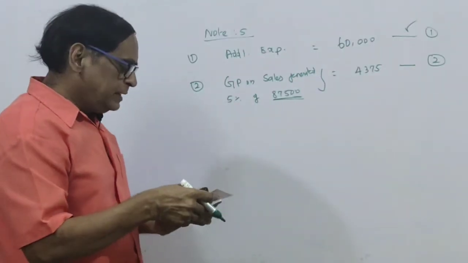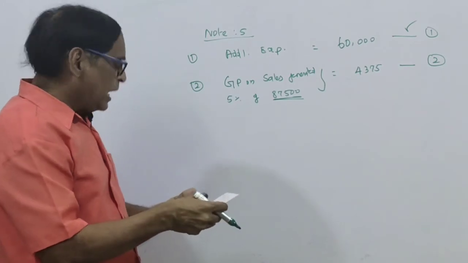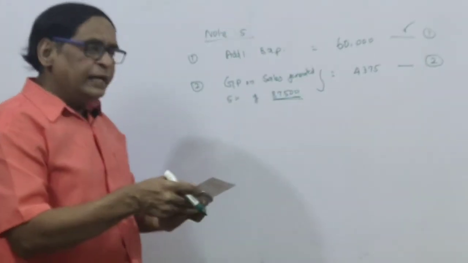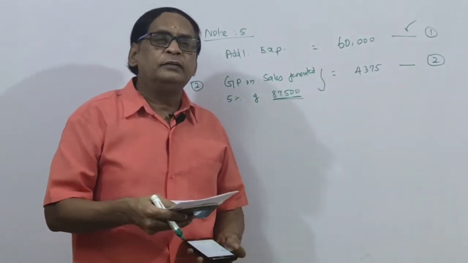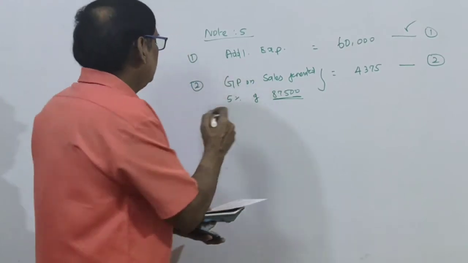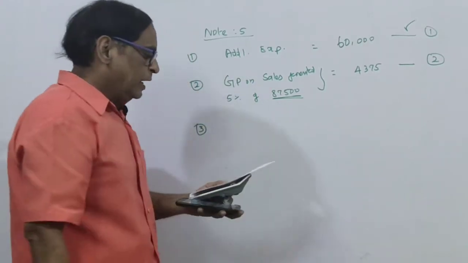The third stage is we have to calculate the additional expenses according to the formula. There are 3 stages.